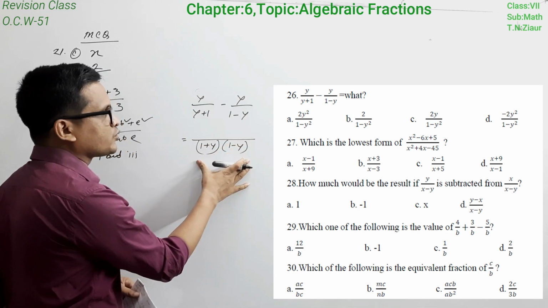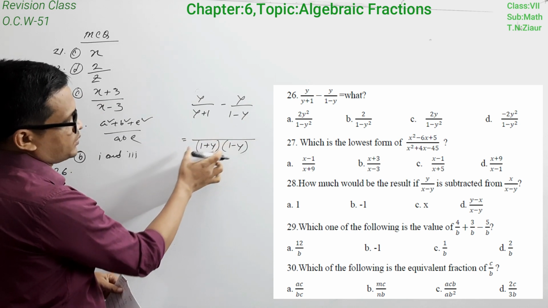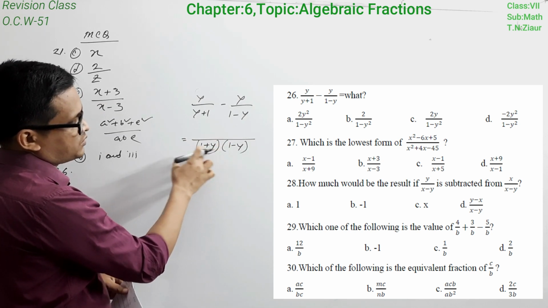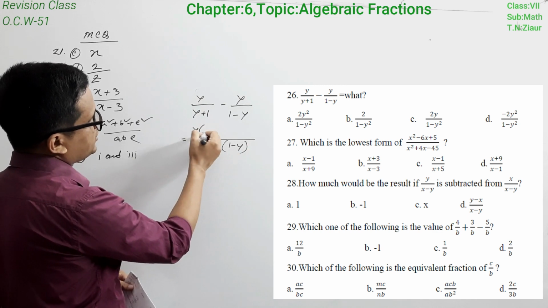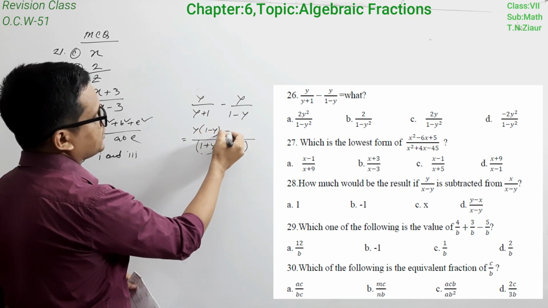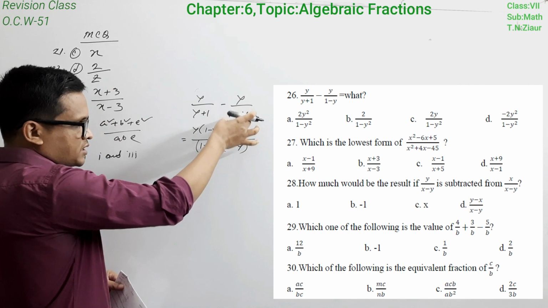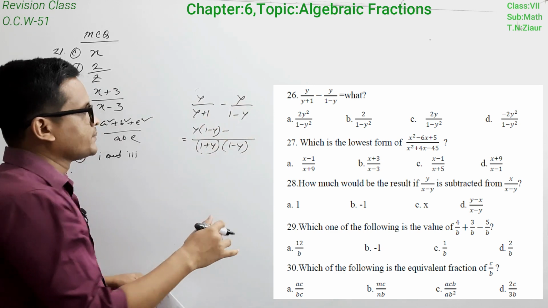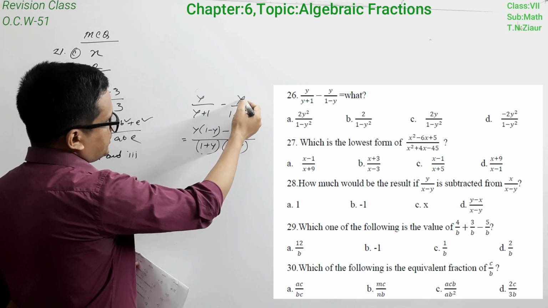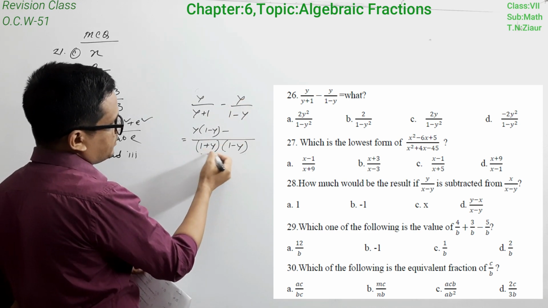If I take this LCM, divide by y plus 1, or 1 plus y, these are the same. So remaining part is 1 minus y. So y into 1 minus y. Minus, then divide by this one, of this LCM. So 1 minus y, 1 minus y we can remove, and what remains by this numerator we have to multiply by this one.